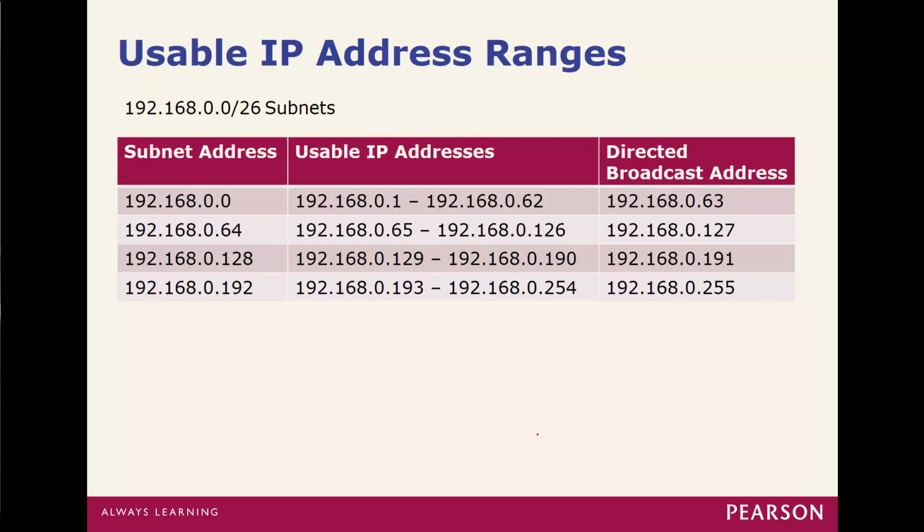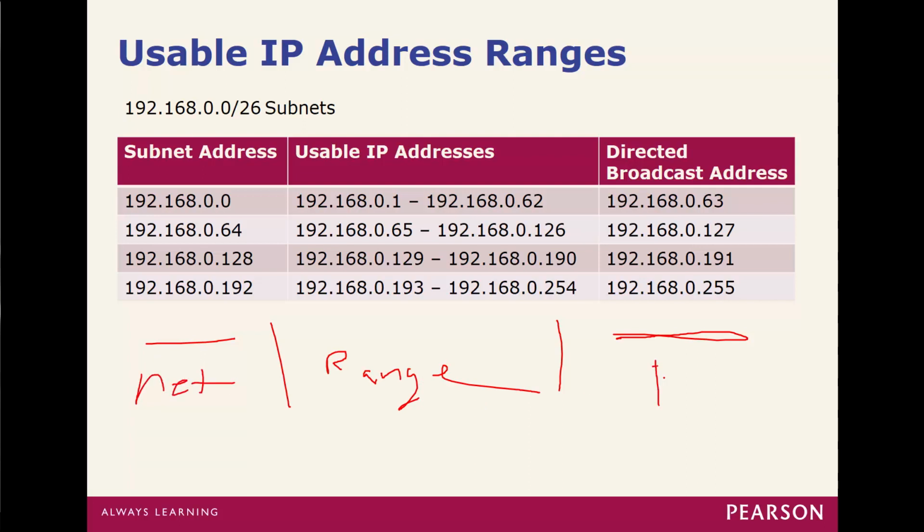They have to be unique, like home addresses. We will always have a network ID, and we will always have an end, or a broadcast address, and a range that's in the middle. So the network identifies, and the broadcast is our end.